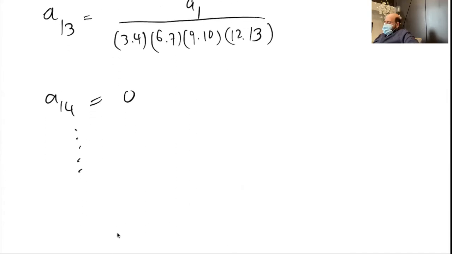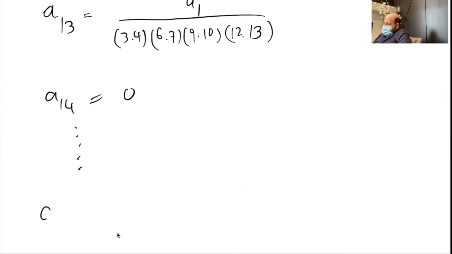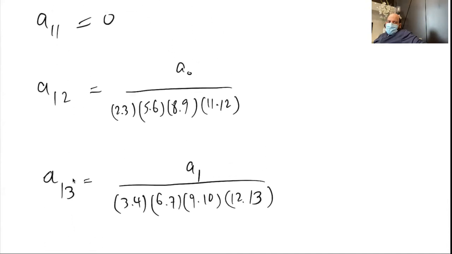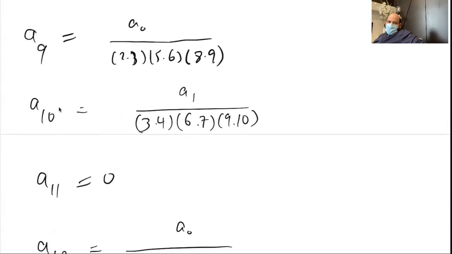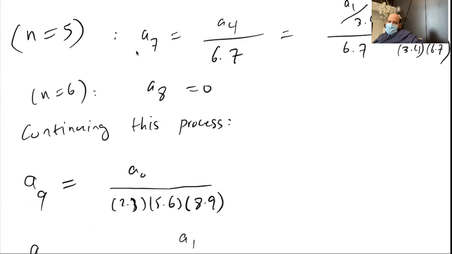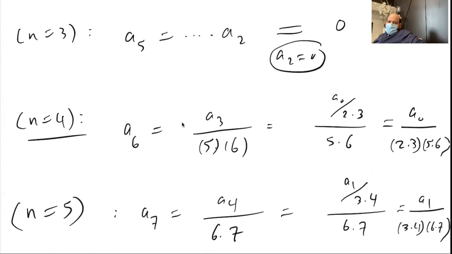So if I want to generalize this, I can say A3n is equal to A0, because what is the pattern? The pattern is that the indices that are multiples of 3 have A0 in the numerator, like A12, and the one before it A9, and the one before it A6.